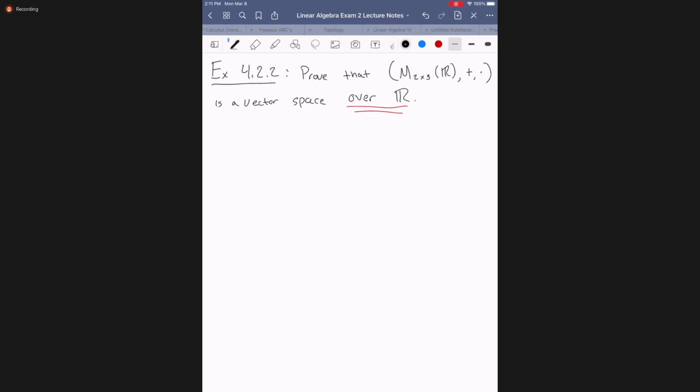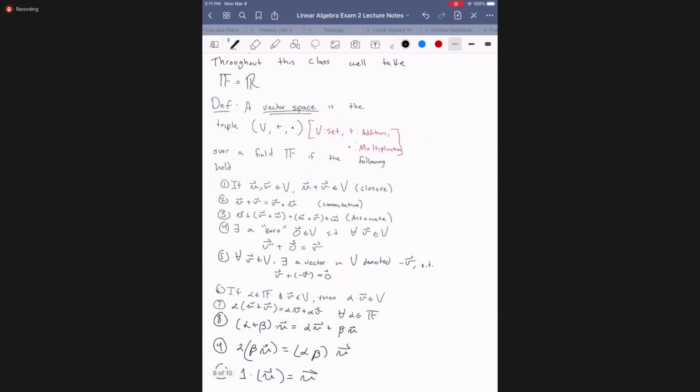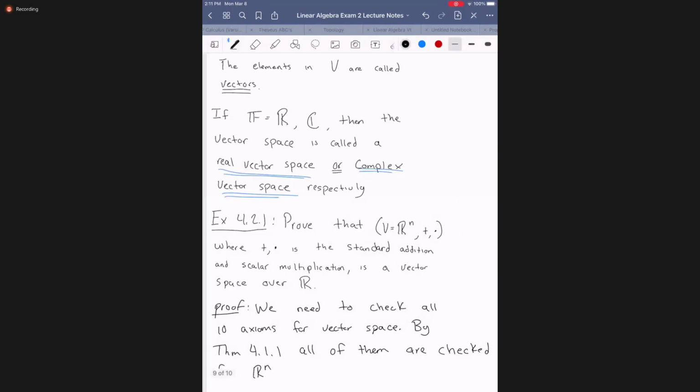Okay, so solution, or maybe some more big proof. So let's actually prove this. What is the first thing we have to check? If u and v are in my set V, then the addition also has to be in my set V. So what is my set V?